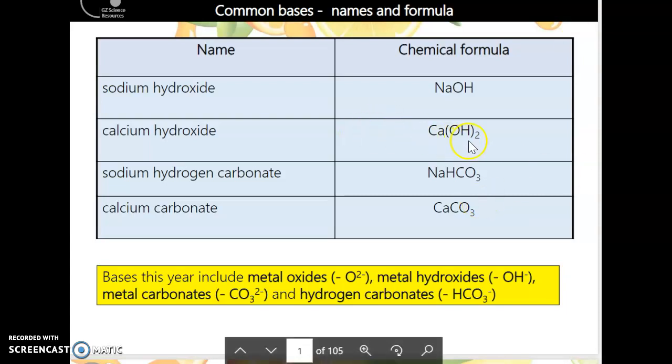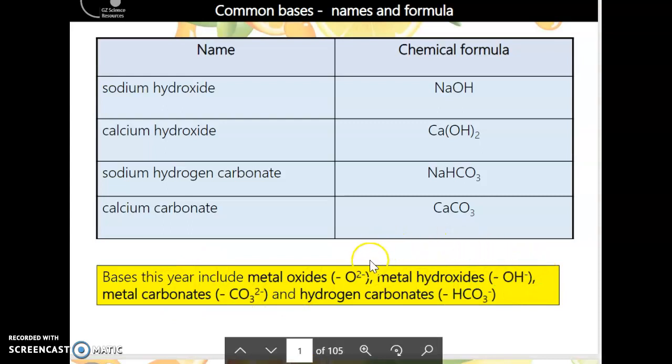And we've got calcium hydroxide, Ca(OH)2. The carbonates have extra oxygens attached to them, hence the fact that they produce carbon dioxide. So the bases here include the metal oxides, metal hydroxides, metal carbonates, and hydrogen carbonates.